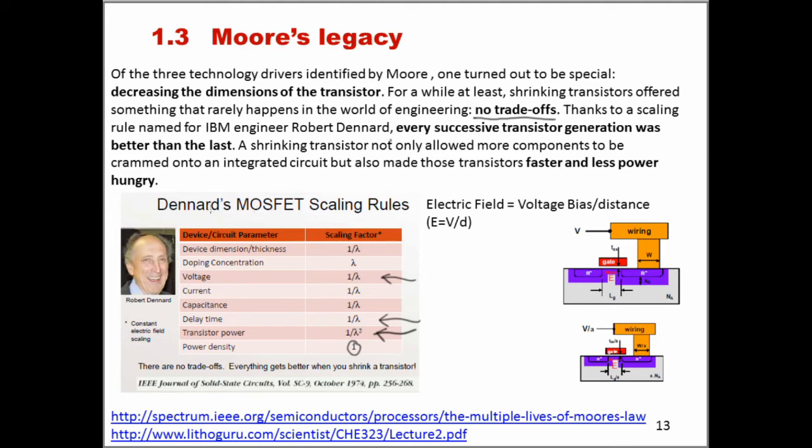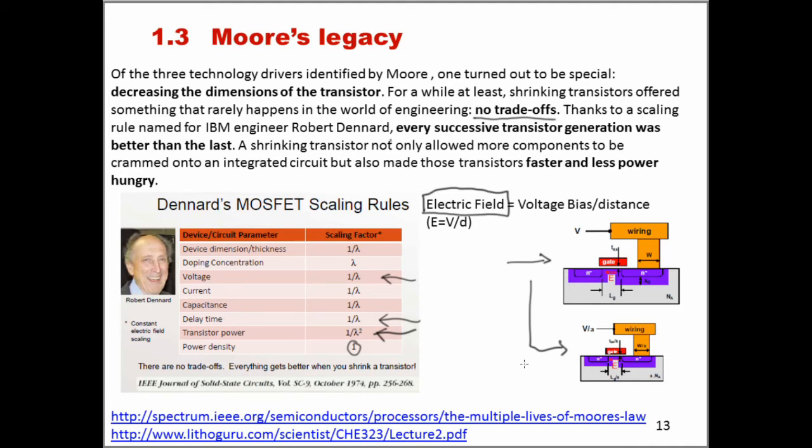It's worth mentioning that Dennard's scaling rules are based on the assumption that we keep the electric field to operate a device constant. So while we go from this device to this device that is obviously smaller, what we are assuming is that to operate this device we keep the electric fields constant everywhere.